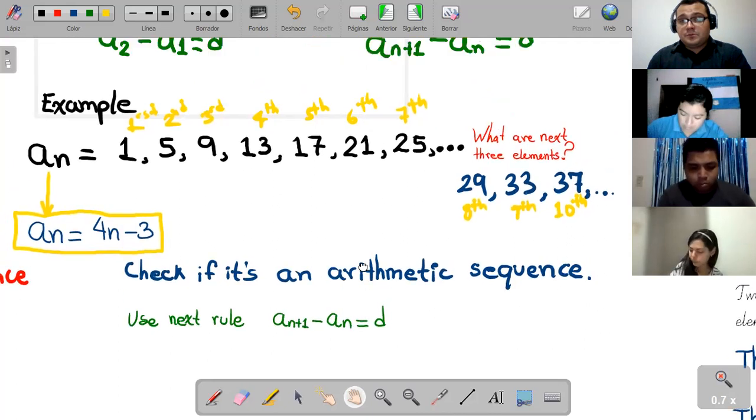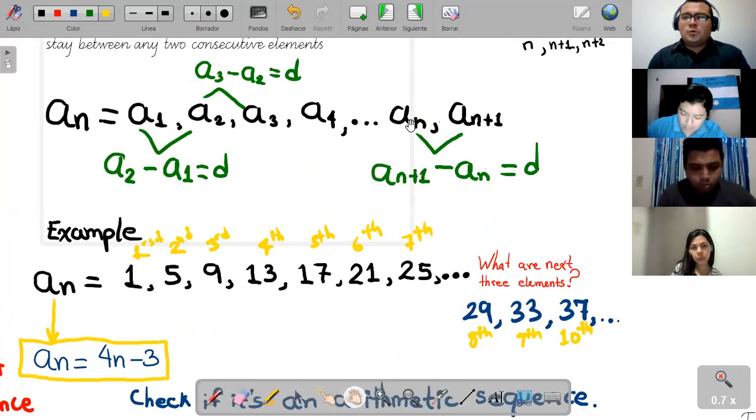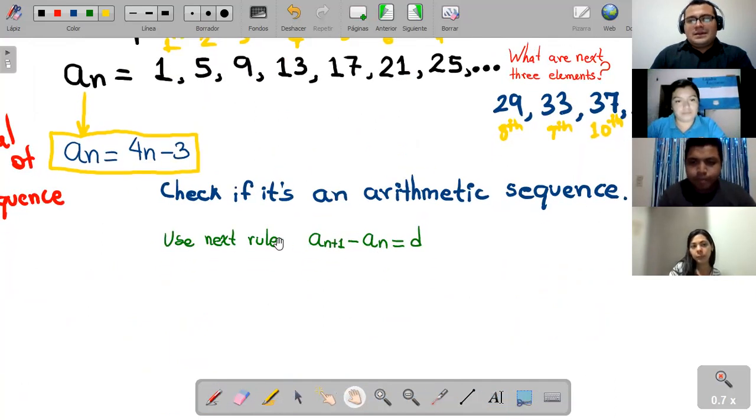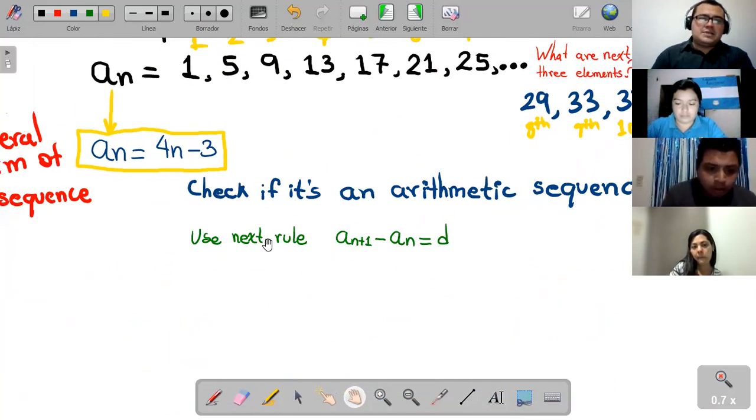So following that rule, which was taken from here, the subtraction between two consecutive elements of the sequence will always stay the same difference. And how can we write that in general? Check this out. This is a little bit of algebra, as I told you, the connection between those. Our formula for the sequence is 4n minus 3.